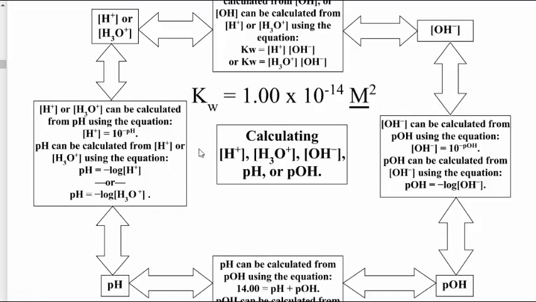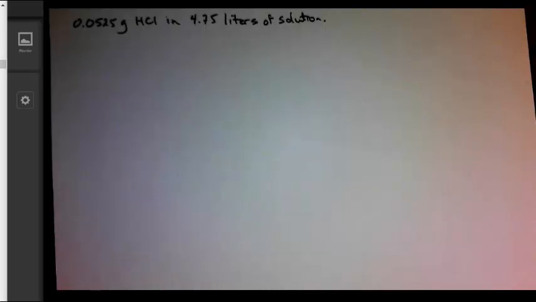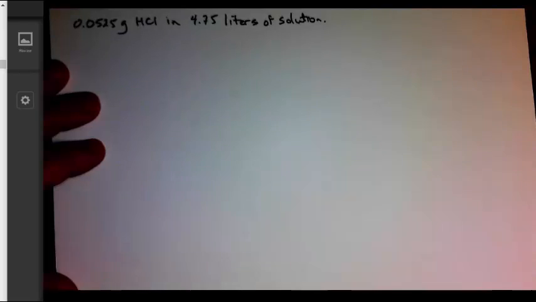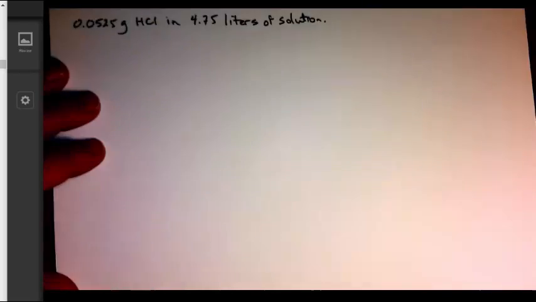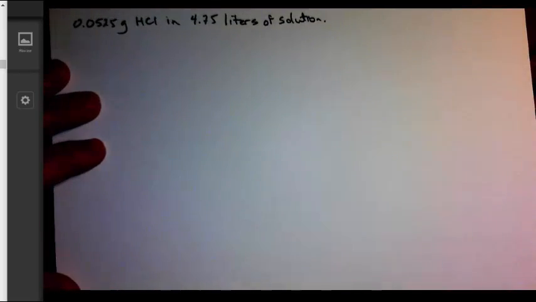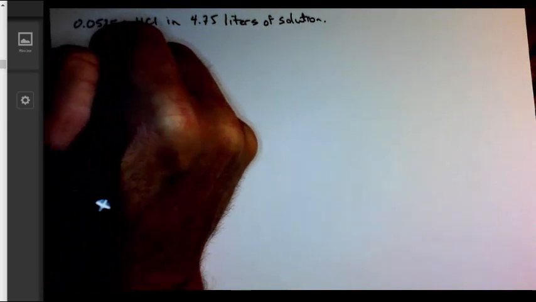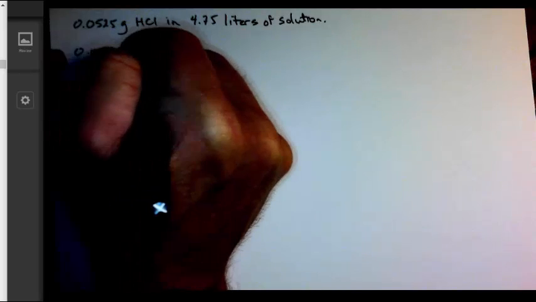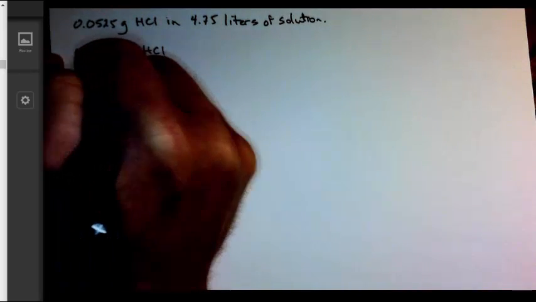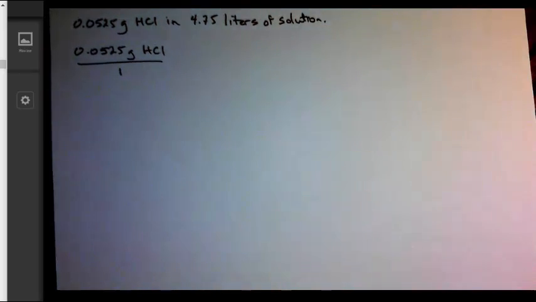Okay, so what we're going to do is start out by finding the hydrogen ion molar concentration. We have the information we need for that now. So if we have 0.0525 grams of HCl, we need to find the moles of that, and for that we've got to have the molar mass.